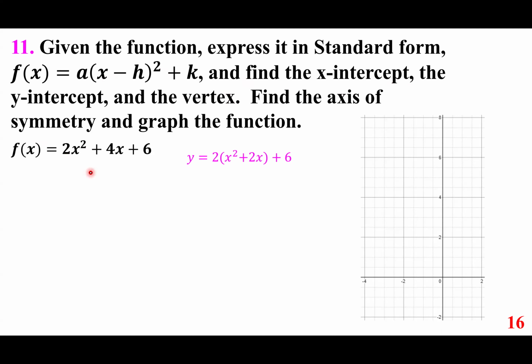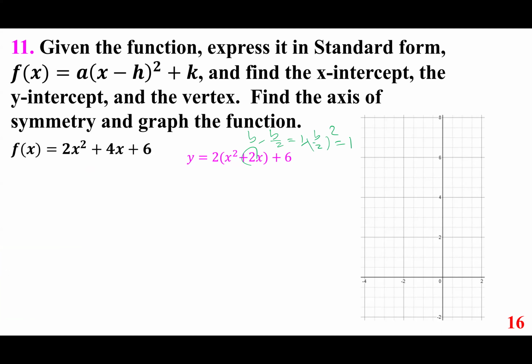Put these two together and take the two out. Complete the square, and that means b is 2, divided by 2 is 1.